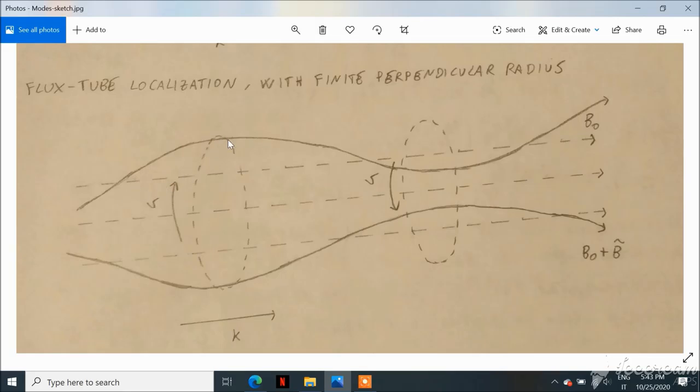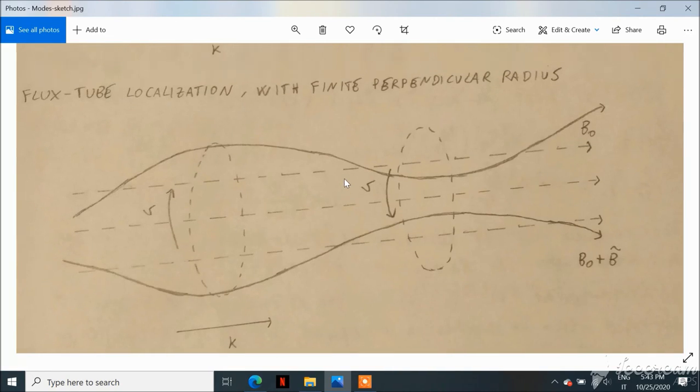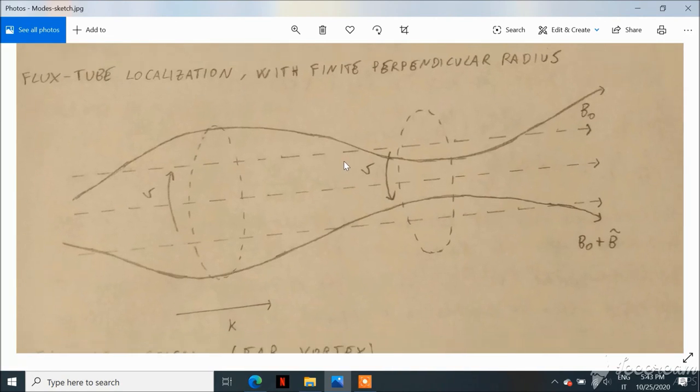This time, the amplitude of the radial extent of the perturbation is very small, and in general it is comparable, or in the same order, of the ion Larmor radius. So the perpendicular length scales are very small compared with the parallel length scale. And so in this case, the dynamics is more complicated, and we will see later that the perpendicular wave numbers or wavelength play a role.